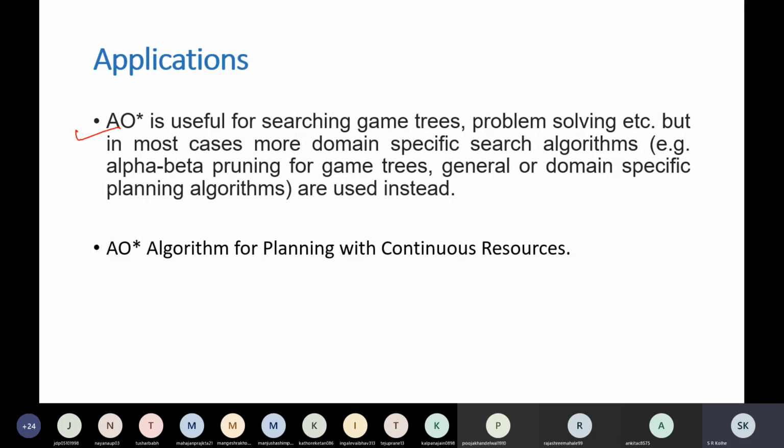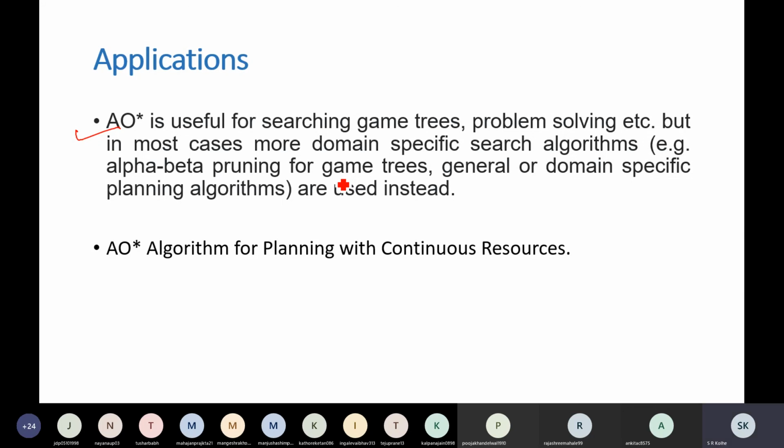You will find out the AO star algorithm is useful for searching, specifically game trees. For more domain specific algorithms like the alpha beta cutoff algorithm or alpha beta pruning algorithm, a variation of this algorithm has been used successfully for solving chess, the Deep Blue computer, which used a variation of the alpha beta pruning algorithm for playing chess.